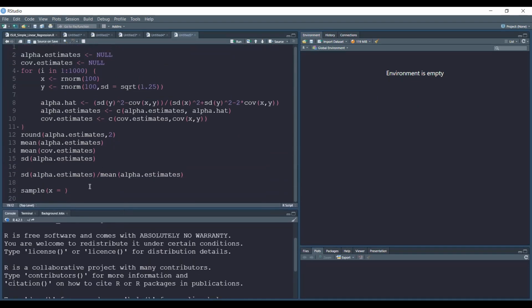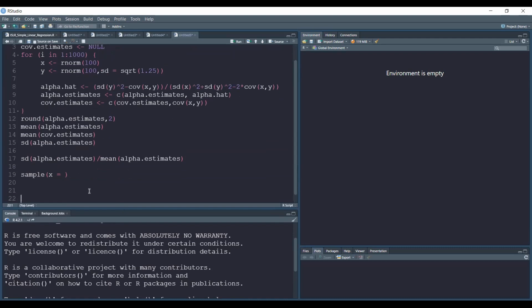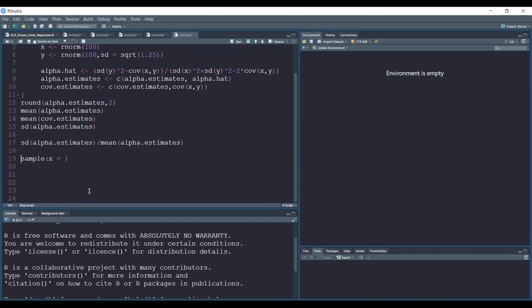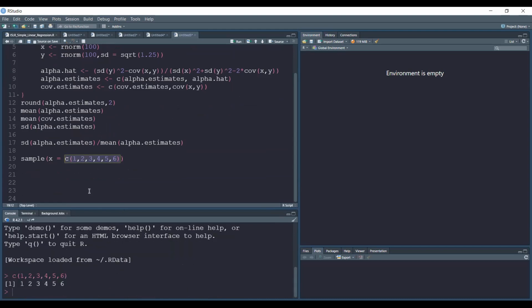I'm just going to show you how to take these samples with replacement within R. So let's say I have 1, 2, 3, 4, 5. Let's take a 6-sided die, just these 6 values.